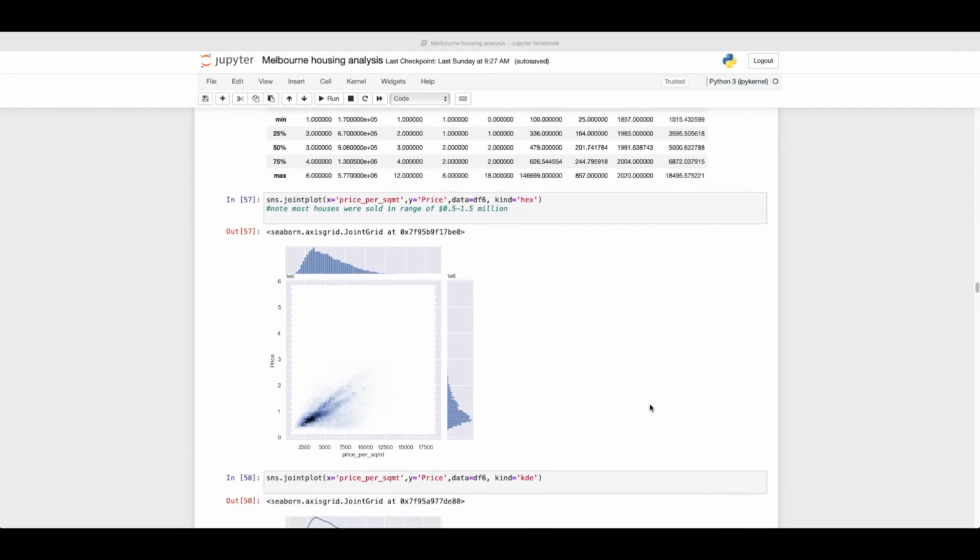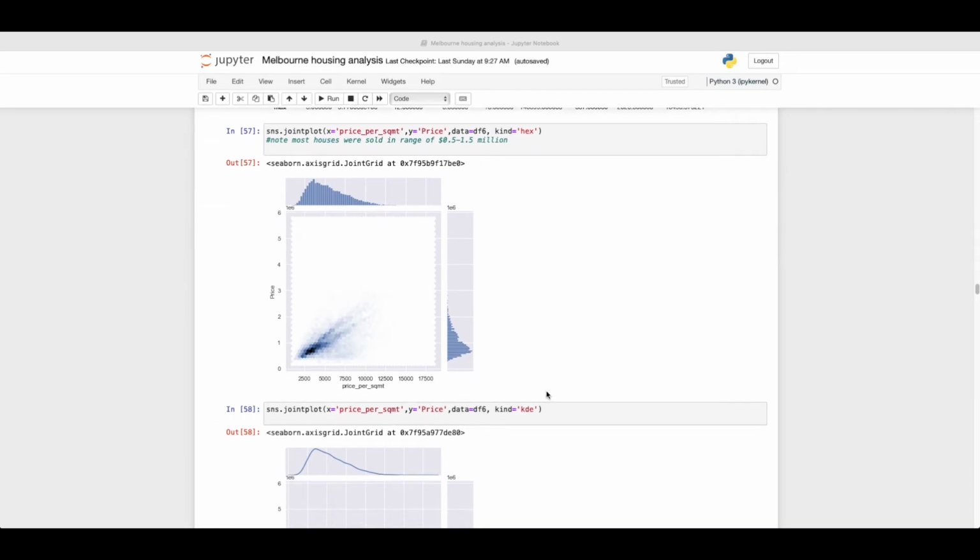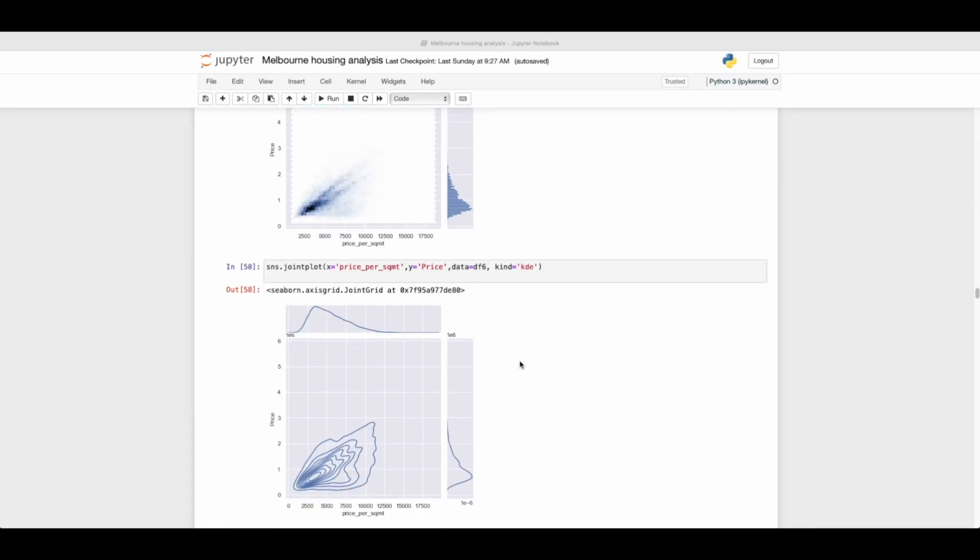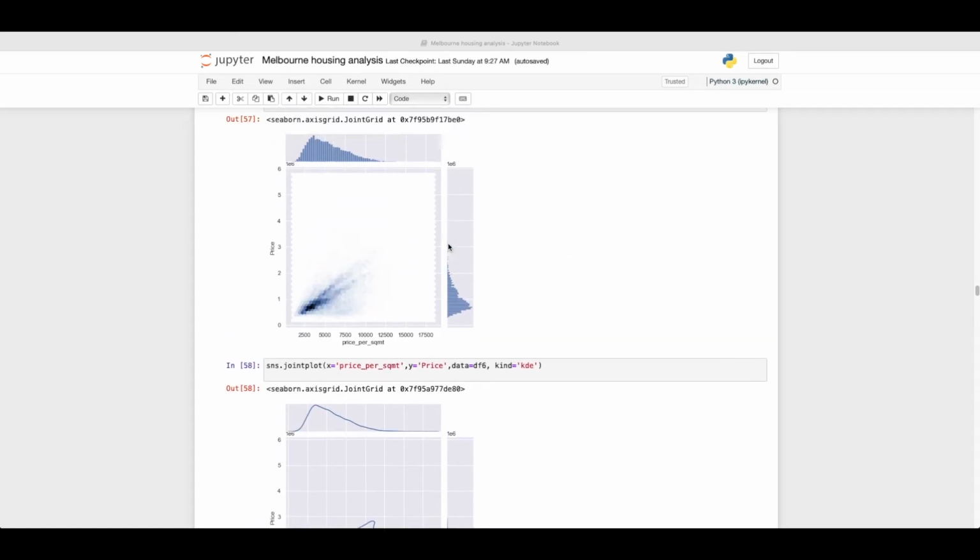Moving on, the next chart is a joint chart. It's the price sold versus the price per square meter. In this chart, we can tell most houses were sold in the range of 0.5 to 1.5 million price. And the next chart is similar to the upper chart.